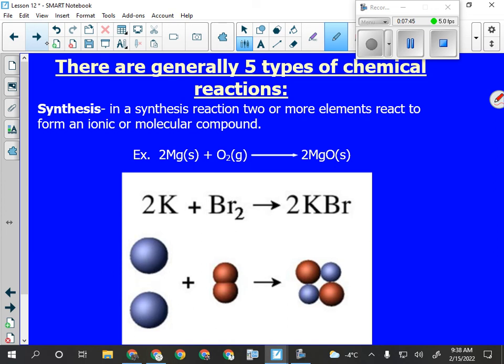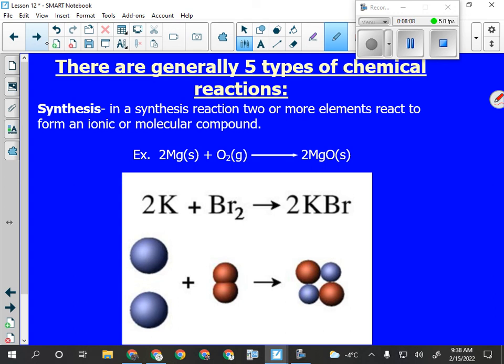The big numbers are there to balance the reaction. That is, to make sure that we obey the law of conservation of matter. That we don't create matter and we don't destroy it with a chemical reaction. That I have exactly the same amount of all types of atoms on both sides, the reactants and the products. Otherwise, like I say, I've created or destroyed matter, and I can't do that.